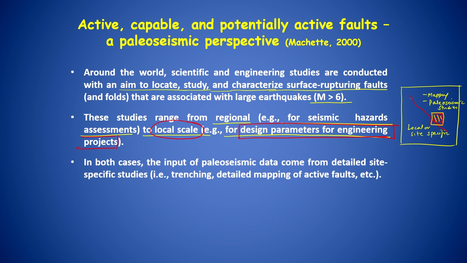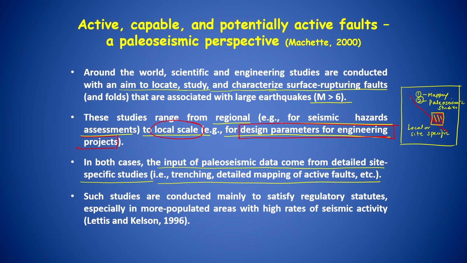In both cases, the input of paleoseismic data comes from detailed site specific studies. And that's what I was talking about, the detailed trenching and mapping of the active faults. You will have to do this too if you want to say that this is an active fault.